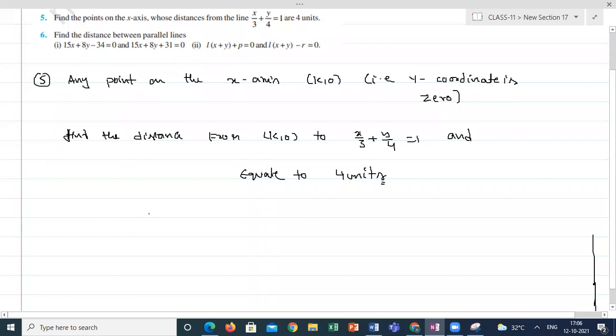What is the formula? |ax1 plus by1 plus c| divided by root of a square plus b square is equal to d.